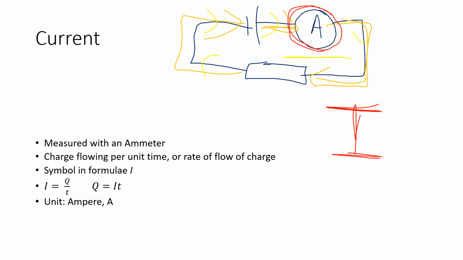So although you'll hear me say amps, you'll hear Mr. Smith, Mr. Baker, you'll hear us all say amps, when you write it down, either write amperes or do the physics thing, which is be lazy, just write a capital A. Don't write amps, write ampere or write a capital A.